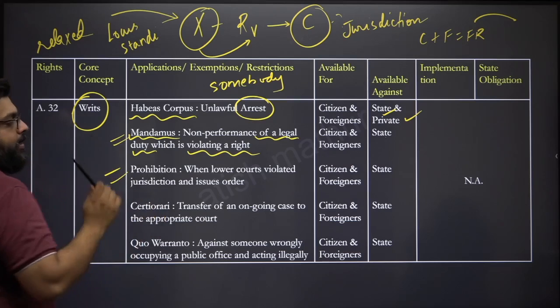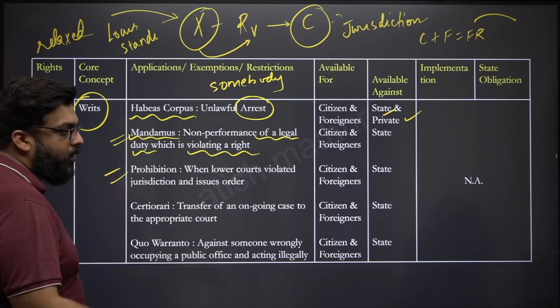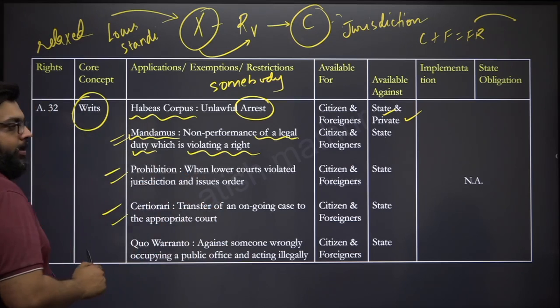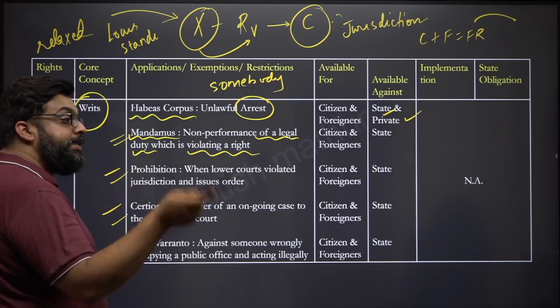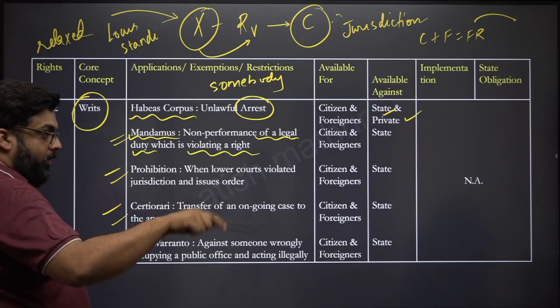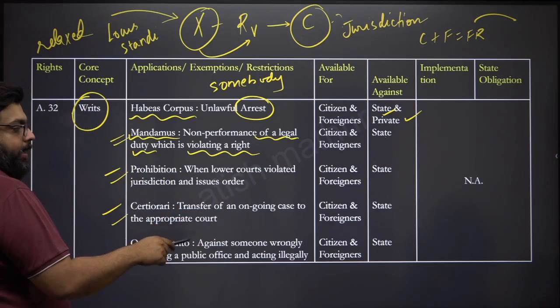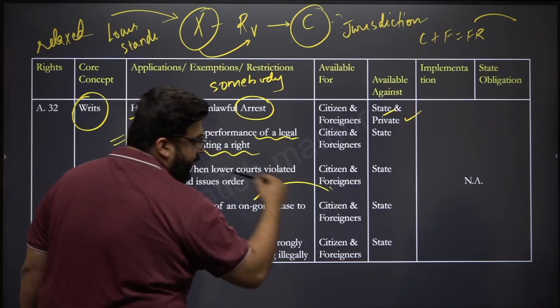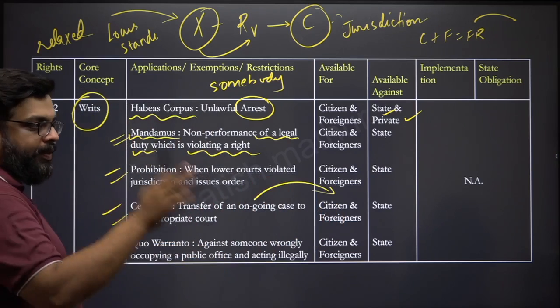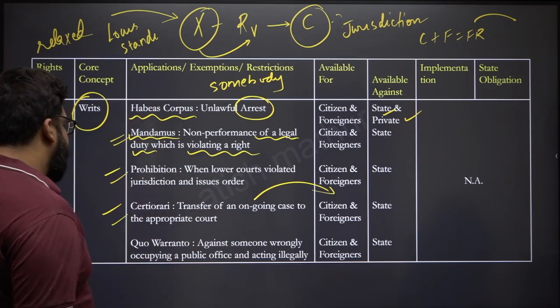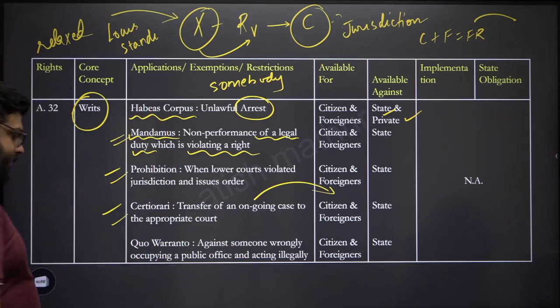So, prohibition writs have to be issued by the Supreme Court or the High Court to a lower court. If the wrong court is hearing a case and the case is still pending, the case has not been decided yet, then you can ask for a certiorari and get the case transferred to the right court. So that free and fair trial, so that you're treated equally, so that principles of natural justice are in place. Then comes quo warranto.